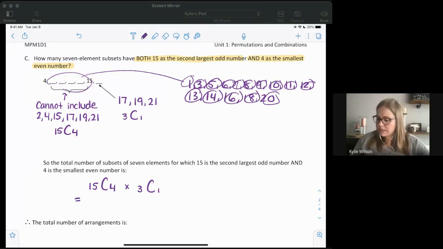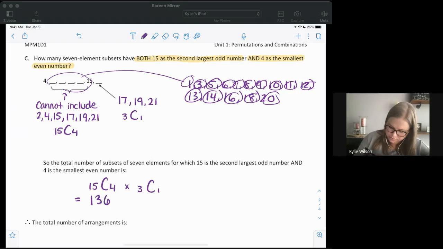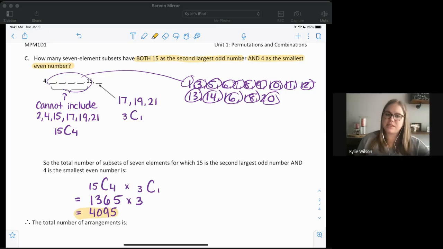Then we put that into our calculator. So 15 choose 4 is 1,365. 3 choose 1 is 3. So 4,095 is our answer.